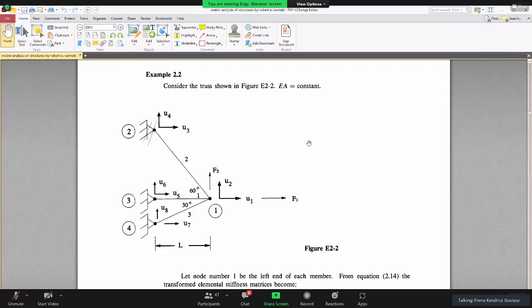Yes, sir, we can see it. Okay, so let's go discuss this example.